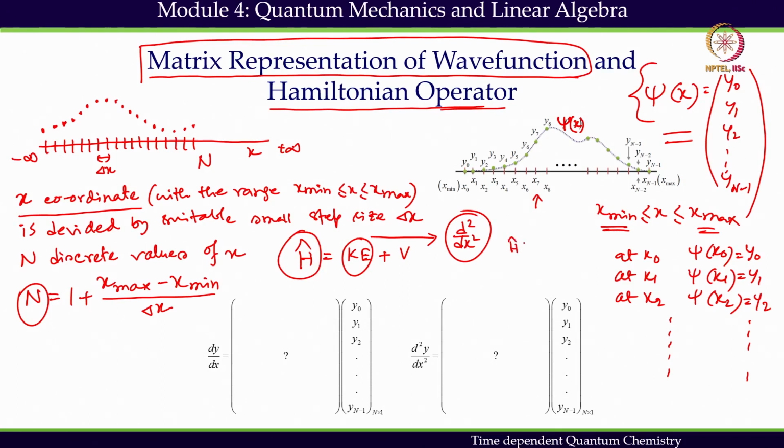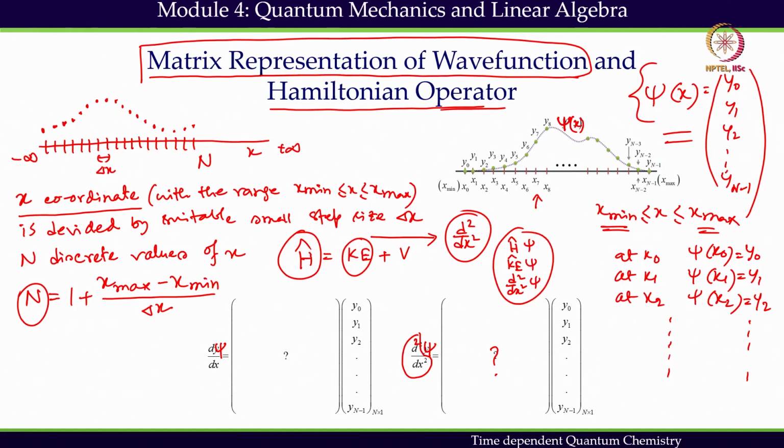So when H acts on the wave function, its kinetic energy part acts on the wave function, and the kinetic energy part has a derivative, so the derivative will be acting on the wave function. So the question is, how do I represent this particular derivative operator in the matrix form? Then only we will be able to do this operation.